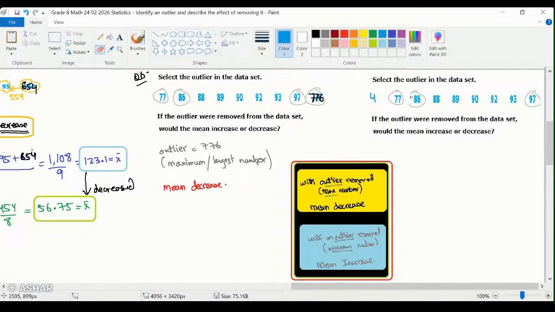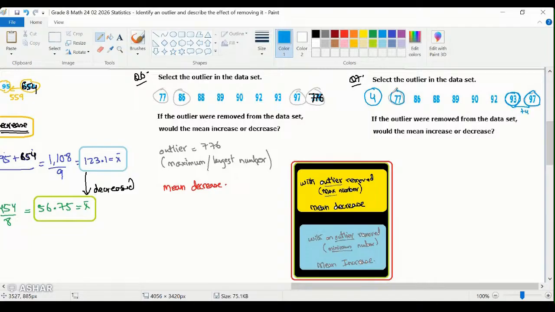Okay. So which number should be an outlier? If we just change the values, if we say this is question number 7, the minimum number was 4, the largest number was 97. The difference between the largest and the second largest number is 4.